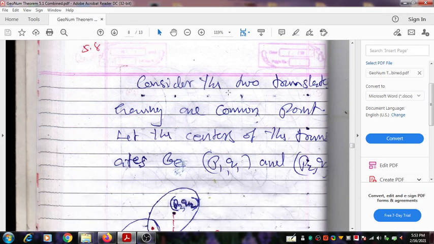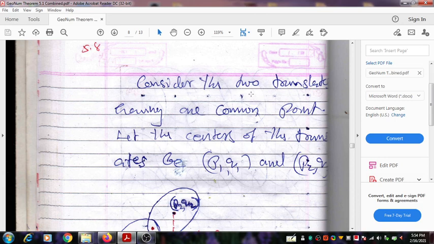Okay. Then, for showing this, consider two translates having one common point. At this moment we know that there exist two translates sharing common points. Next we are going to make the point clear that all translates have some common points with some other translate.